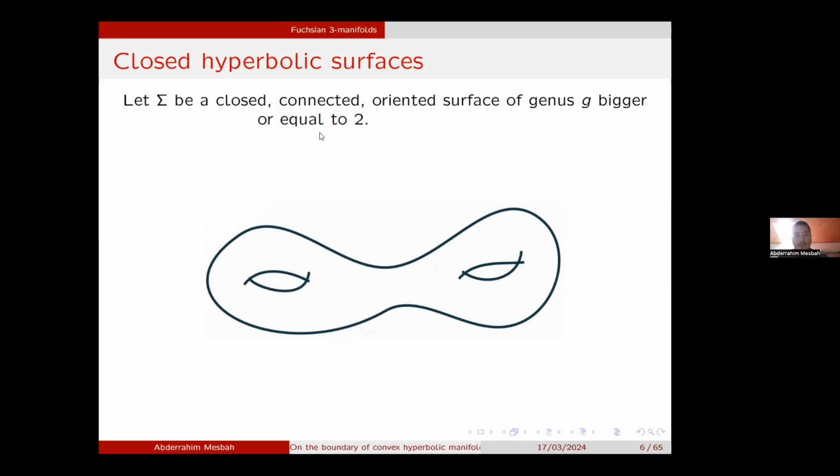These are the surfaces that have genus bigger or equal to 2. So we already have a full classification for that. So for us, we will take a hyperbolic surface, a closed surface with genus bigger or equal to 2.